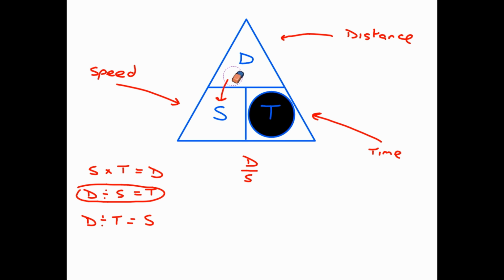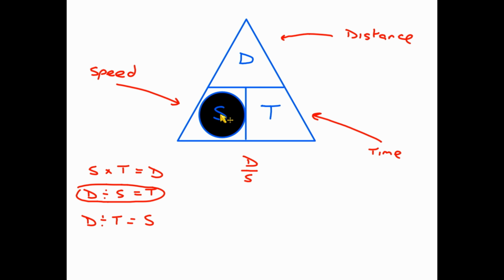If I now go to a question where I am being asked to find the speed of a journey, then I put my thumb over the S. This leaves us with distance over time. Distance divided by time is speed. Let's change things again.